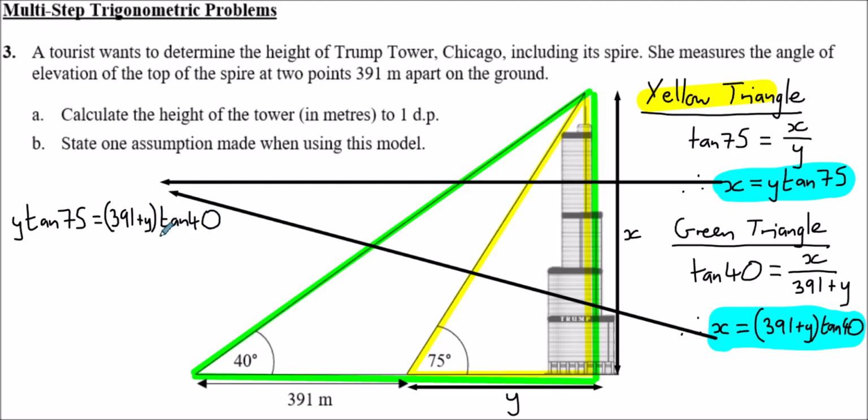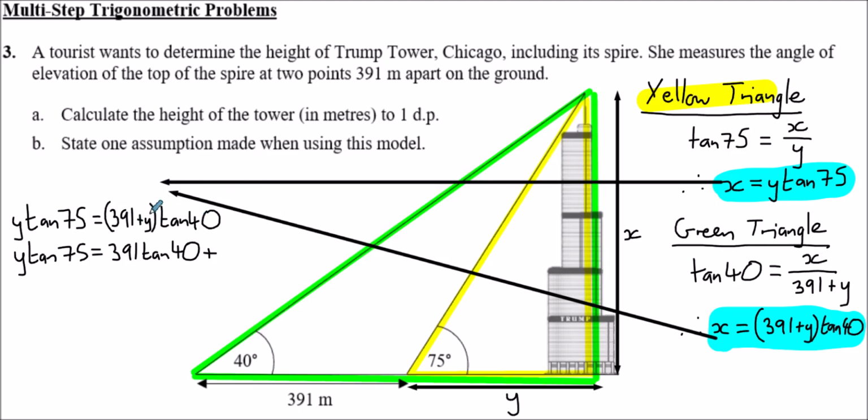We can now expand out these brackets. So y tan 75 equals 391 multiplied by tan 40. So 391 tan 40 plus y tan 40. All I'm doing here is just multiplying out brackets as I would do for any algebraic question.